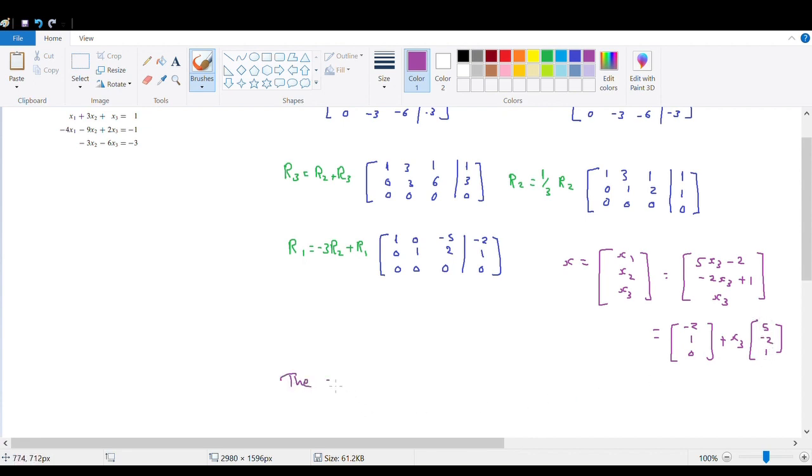So we can write here the solution set is the line through minus 2, 1, 0 parallel to the vector 5, minus 2, 1.